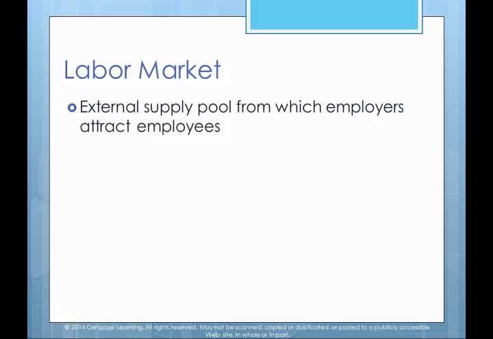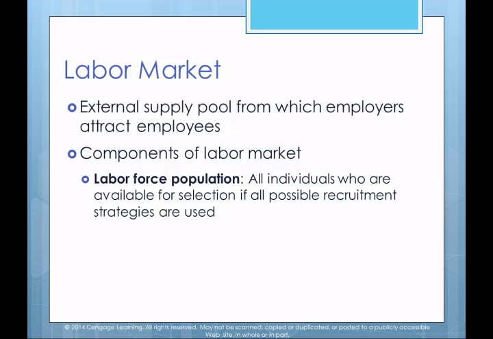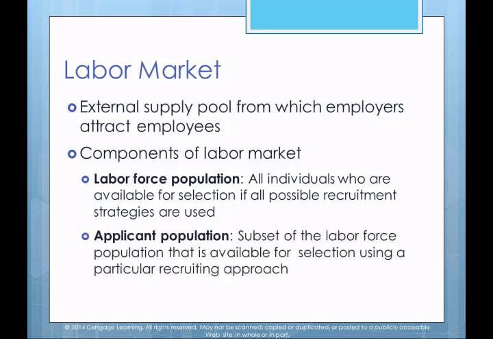Now, what's the labor market? What are the components of a labor market? It's the external supply pool from which employers attract employees. Components of the labor market include the labor force population, all individuals who are available for selection if all possible recruitment strategies are used. The applicant population is the subset of the labor force population that is available for selection using a particular recruiting approach.